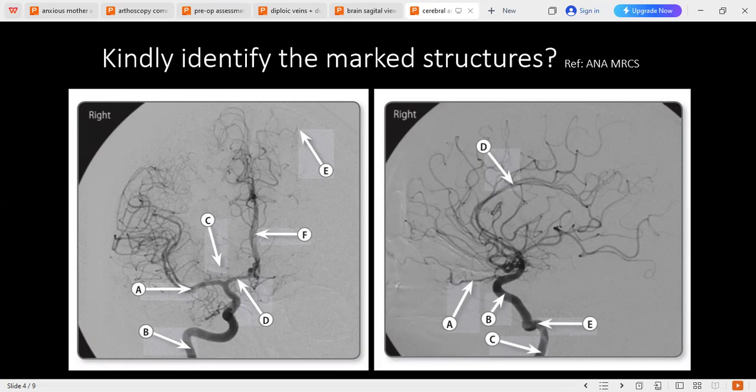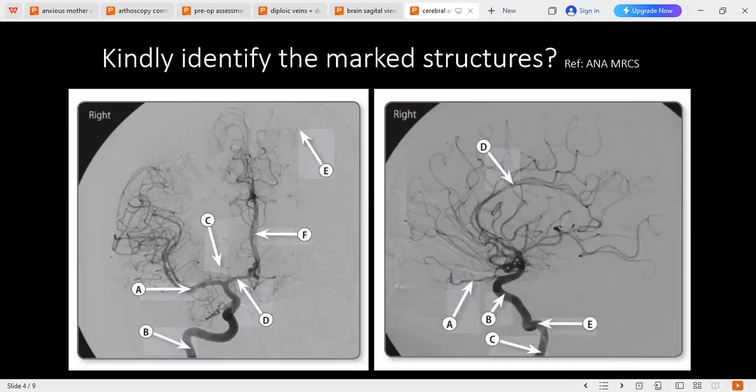One is cervical, second is petrous, third is lacerum, fourth is cavernous, fifth is clinoid, sixth is ophthalmic, and seventh is communicating.